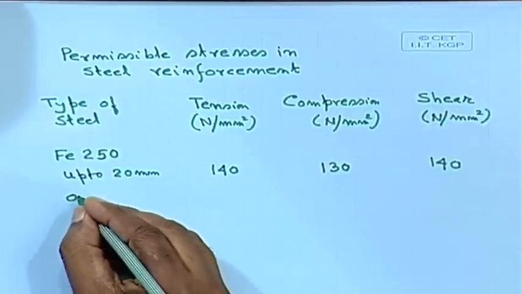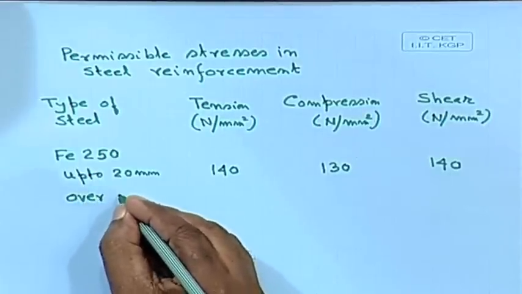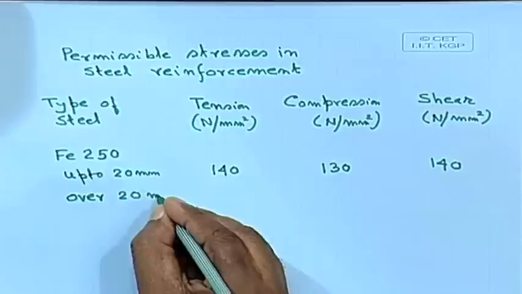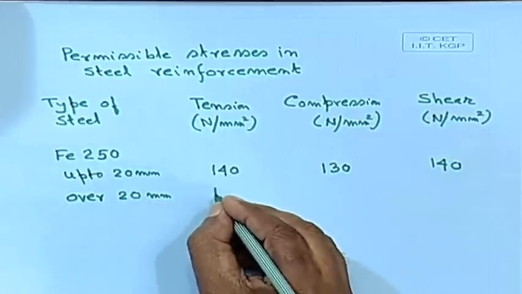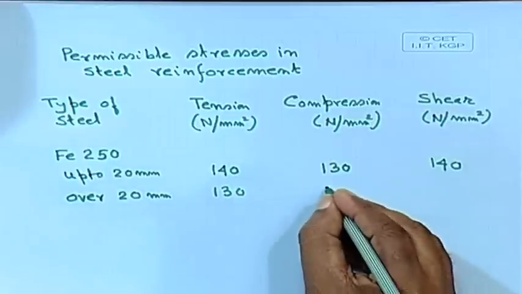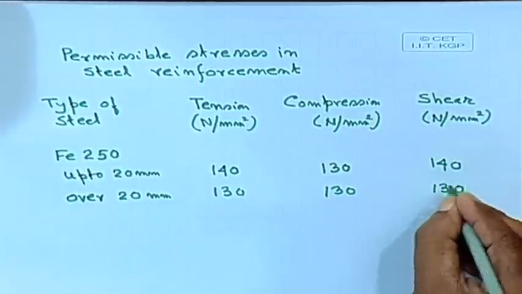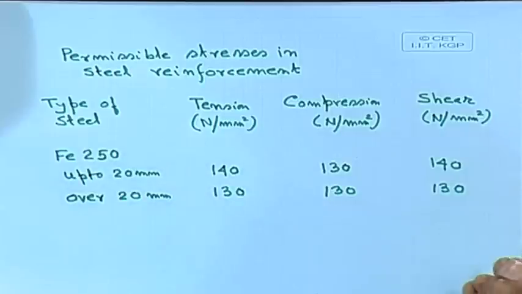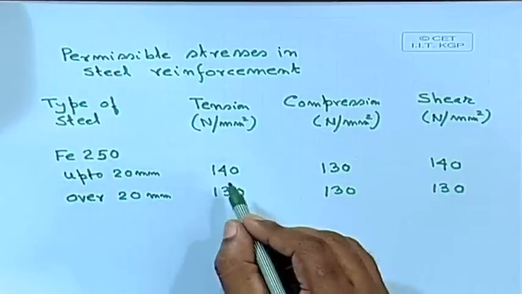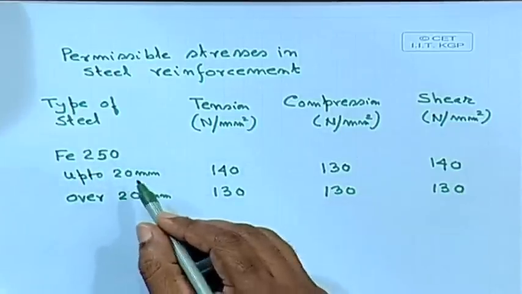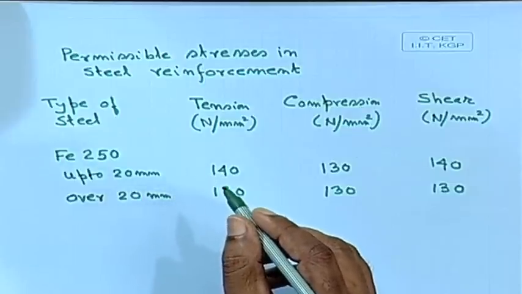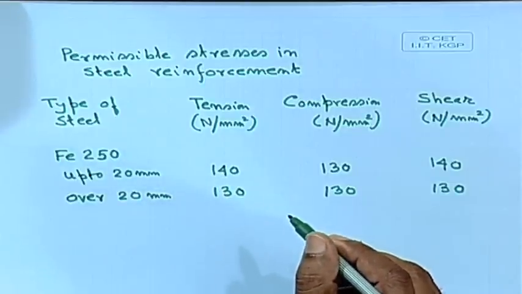Over 20 millimeter diameter, 130 in tension, 130 in compression and again 130 in shear. That means 130 for all of them. Only in tension and shear it differs if the bar diameter is less than or equal to 20 millimeter.